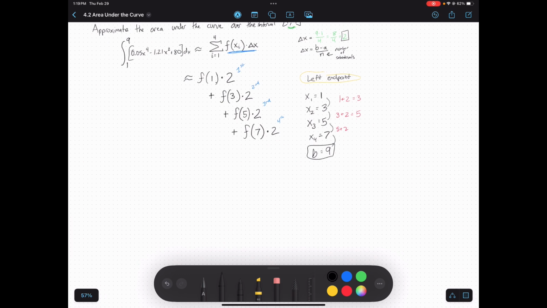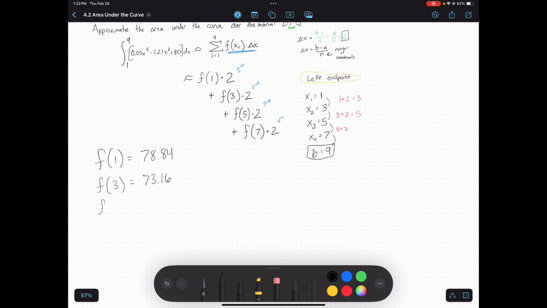Okay, so how do I actually get these values? To get these values, all I'm going to do is plug these values in. When I plug 1 in, I get 78.84. When I plug 3 in, I get 73.16.